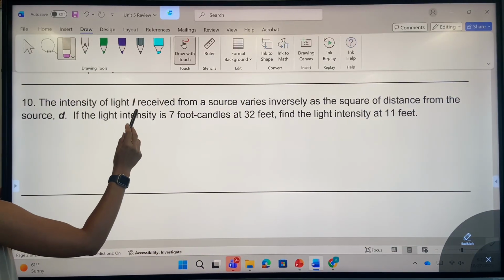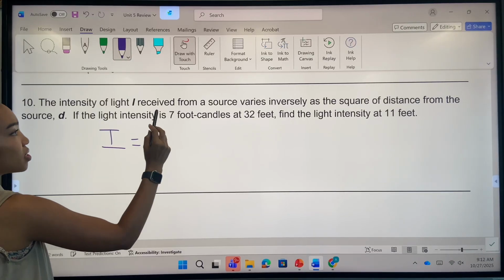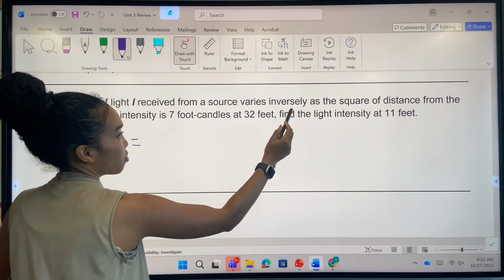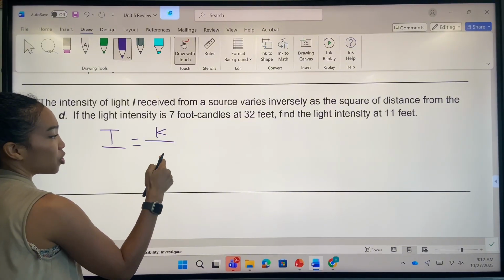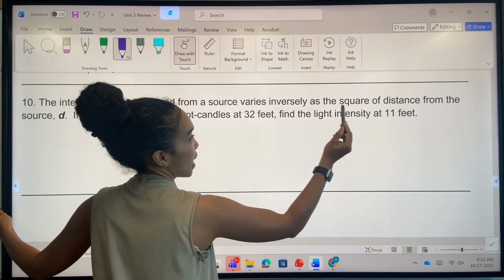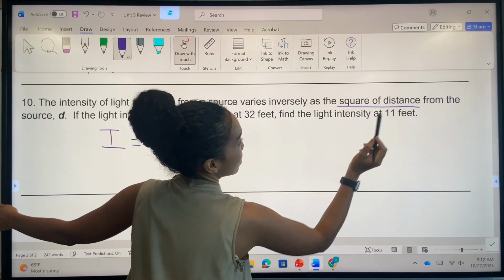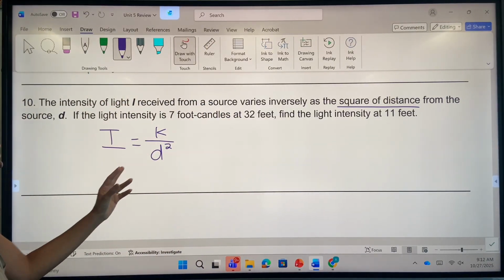The intensity of light, I, received from a source varies inversely. So K is your constant and your next variable will be in the denominator. Varies inversely as the square of distance. So distance squared. So this is our equation.